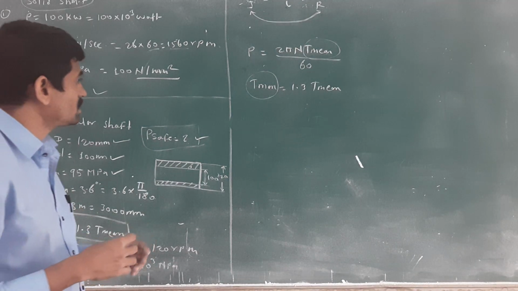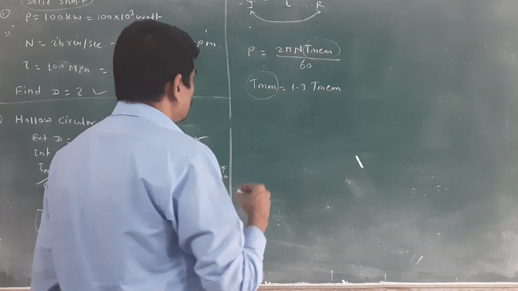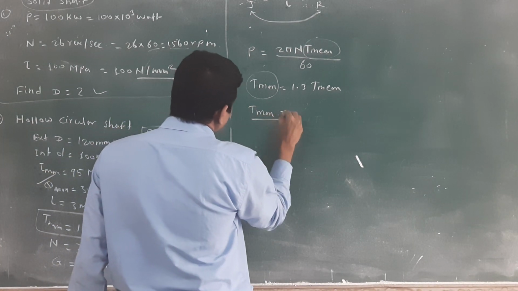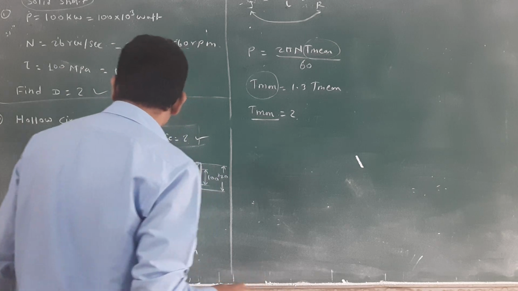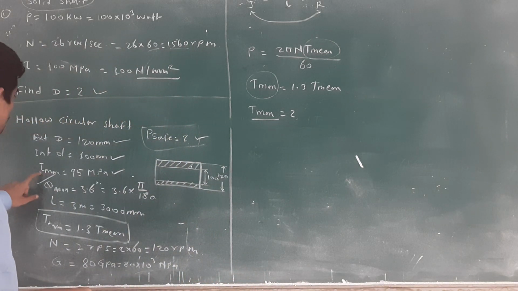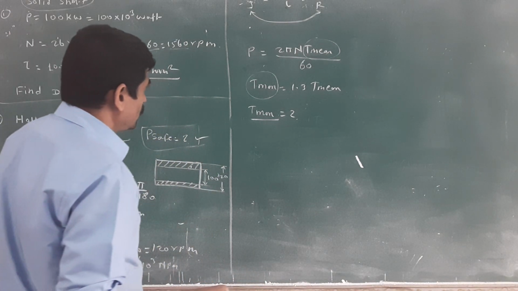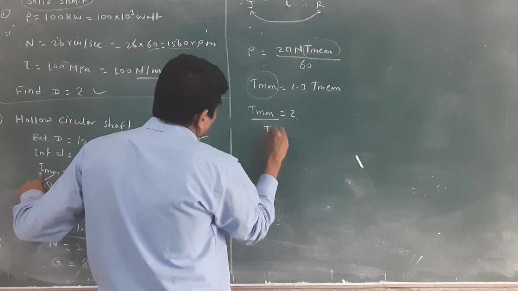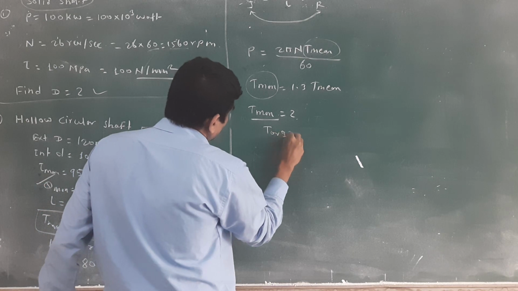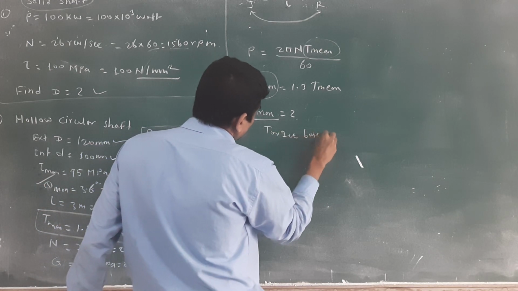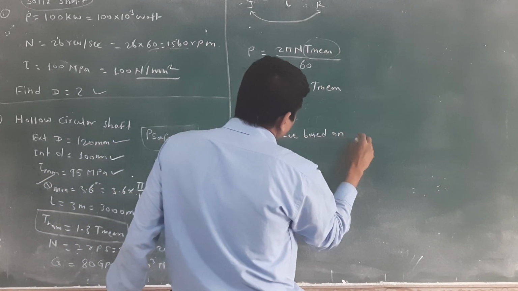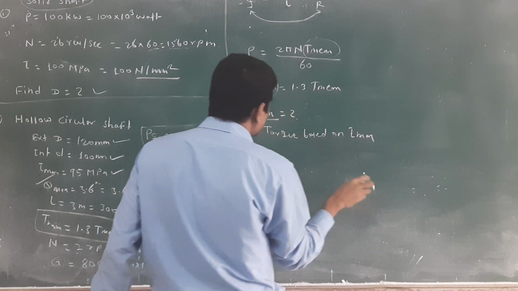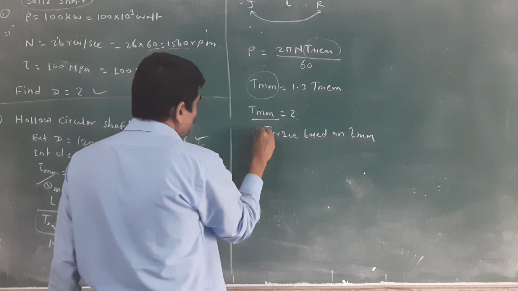What is step number 3? Step 3 is you have to calculate the T max value. Then how to calculate that T max? Both conditions are given. First is tau max, which gives the torque based on the maximum shear stress.